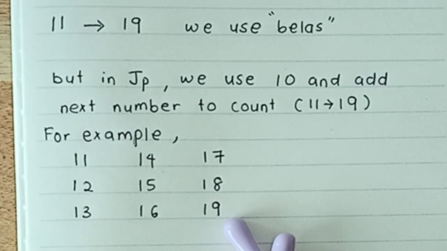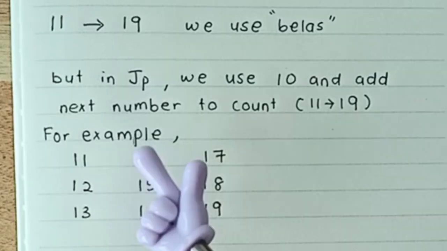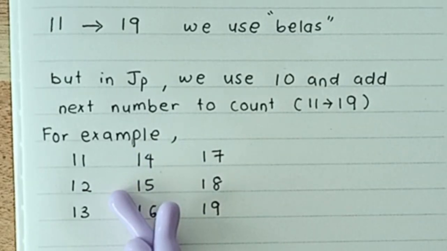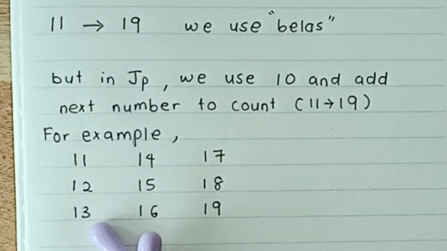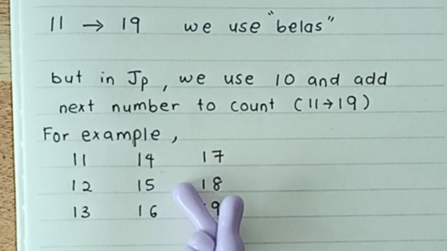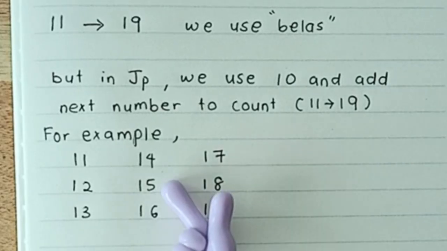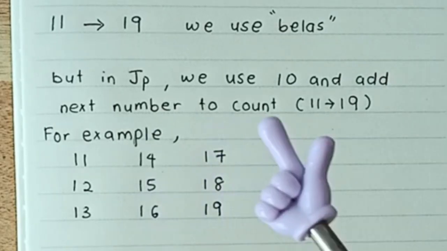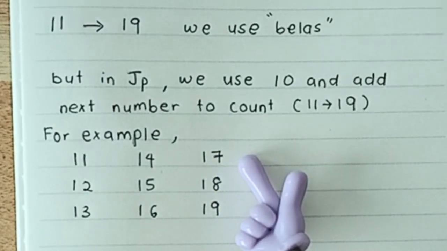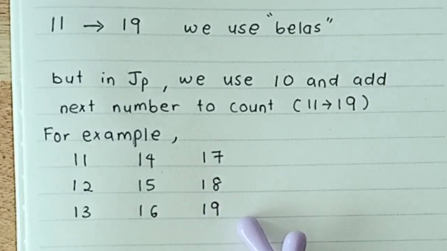But in Japanese, we say 11, 12, 13, 14, 15, 16, 17, 18, 19.